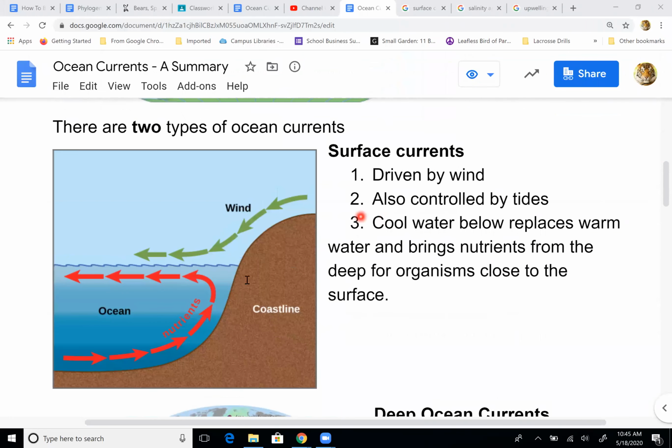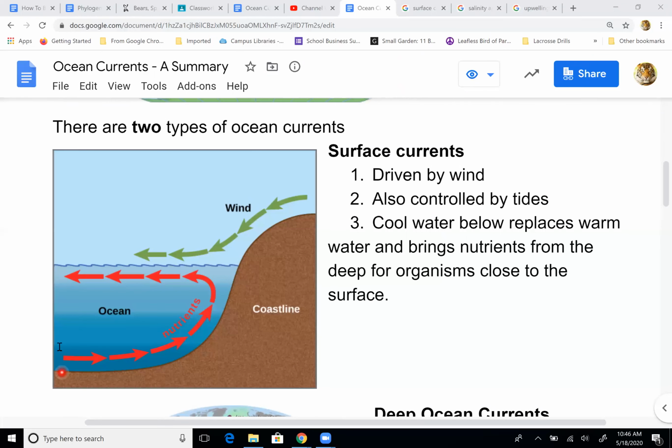Surface currents are movement of water caused by wind and sometimes the tides. When the wind blows, the water is pushed by the wind, and because it's pushed, other water that's a little deeper comes up.